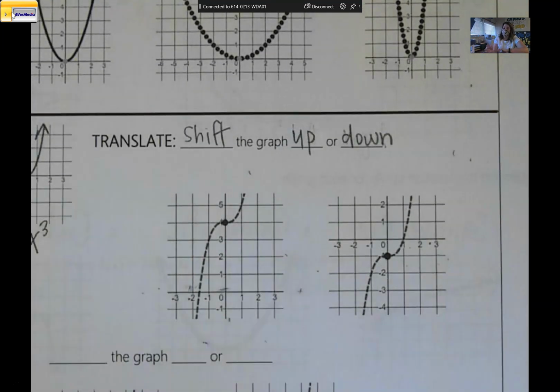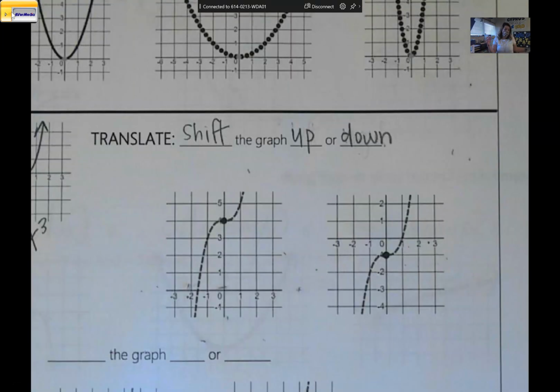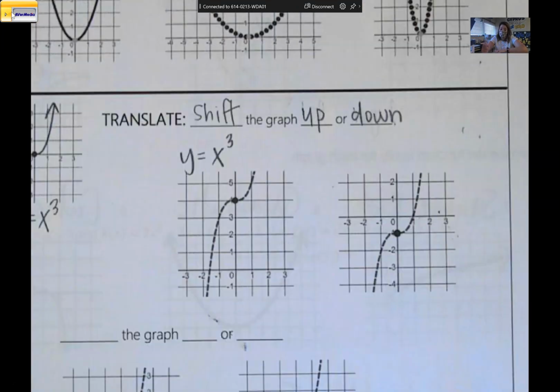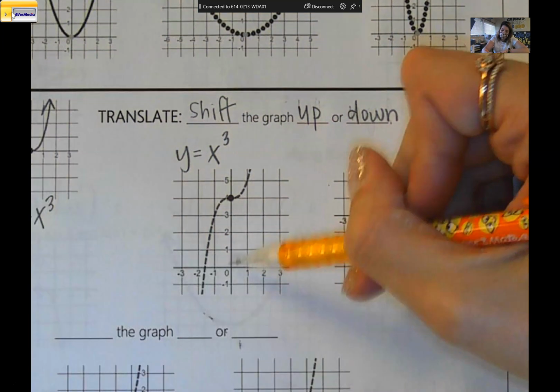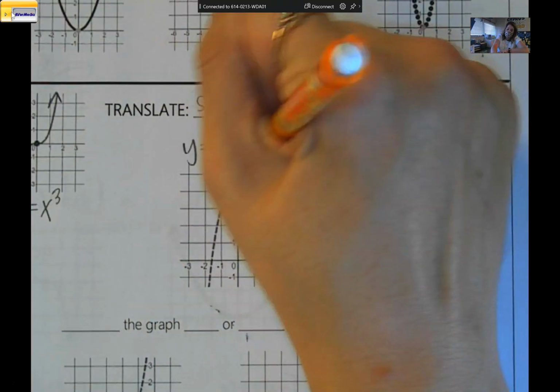Okay, so we talked about on this paper how if you want to move it up or down, it has to be outside of the function. So this guy is y equals x cubed. And then how much did I shift him up by? 4. So we just add 4.